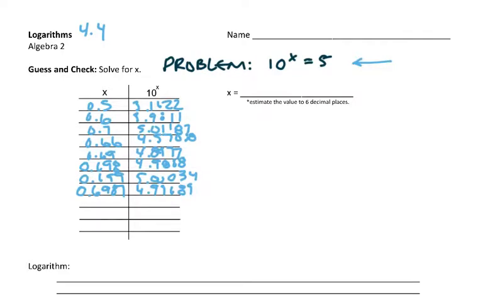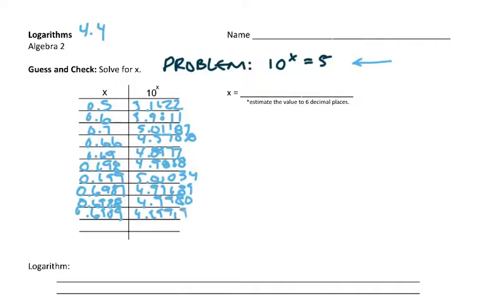We're trying to get as close as we can without going over, so let's go ahead and do 0.6988, since it's not quite over 5 yet. And that's 4.9980. Getting a little bit closer, so maybe 0.6989 instead of 88. We get 4.99919.